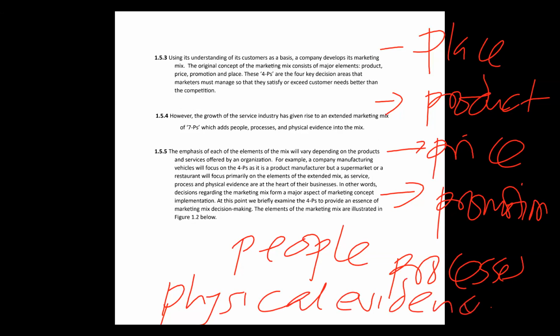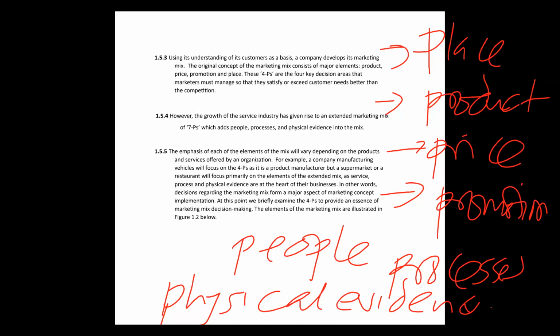So these are the 7 Ps of marketing mix: the place, the product, the price, promotion, people, the processes, and physical evidence. They are now 7 altogether.